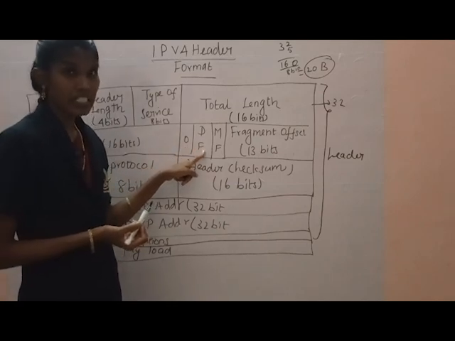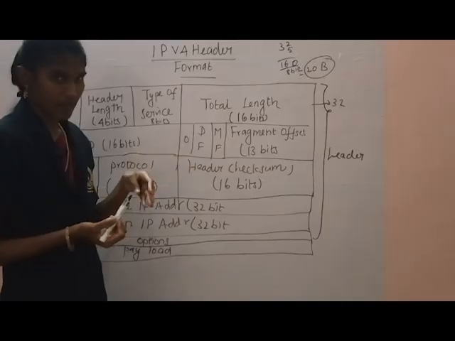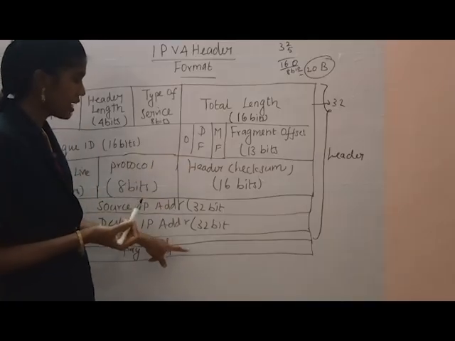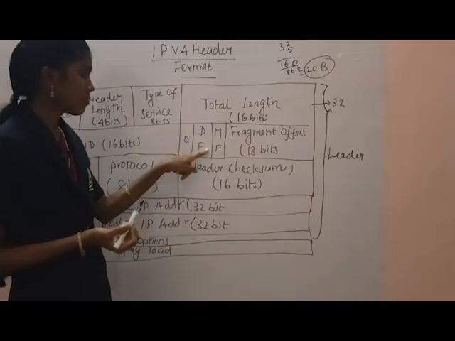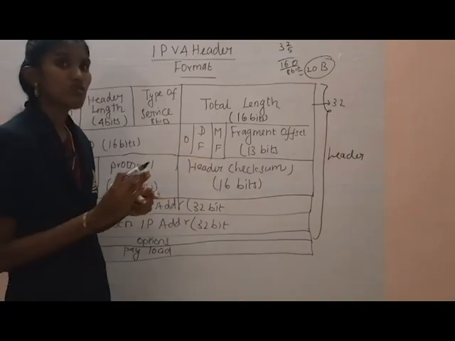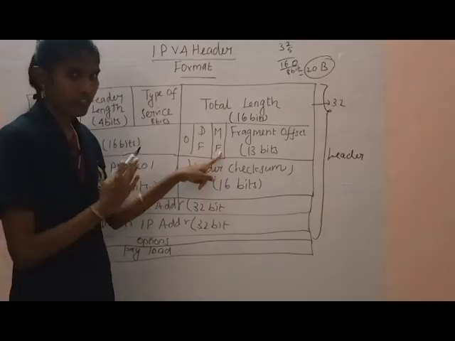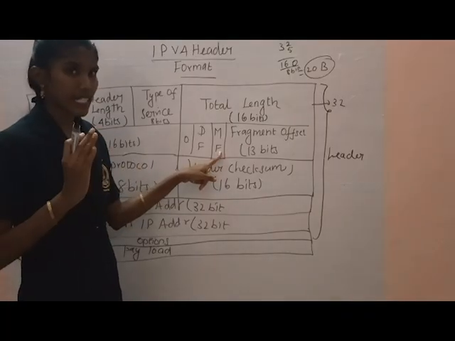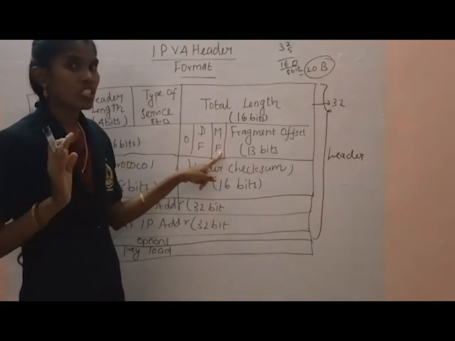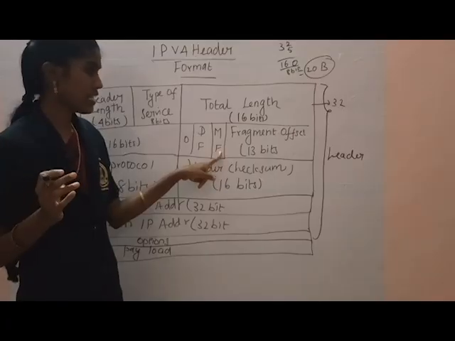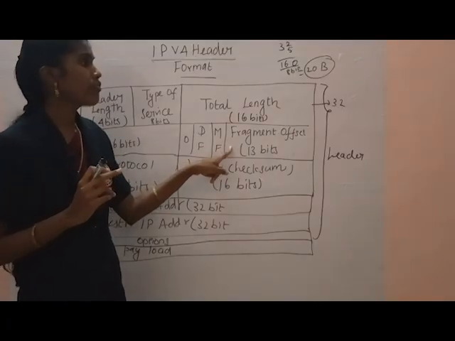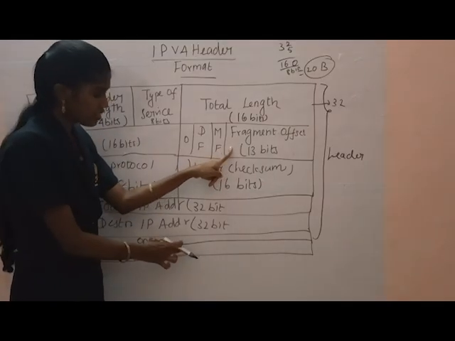The next, this 0 is already reserved, and this is don't fragment. Fragment means your data will be fragmented and each fragment will be attached to the payload. Don't fragment means this packet should not be split further. And more fragments means this is one of the fragments and a few more packets are coming, carrying the rest of the fragments.